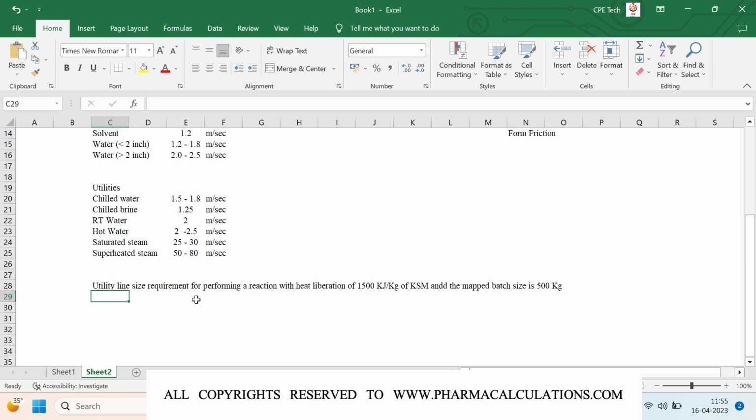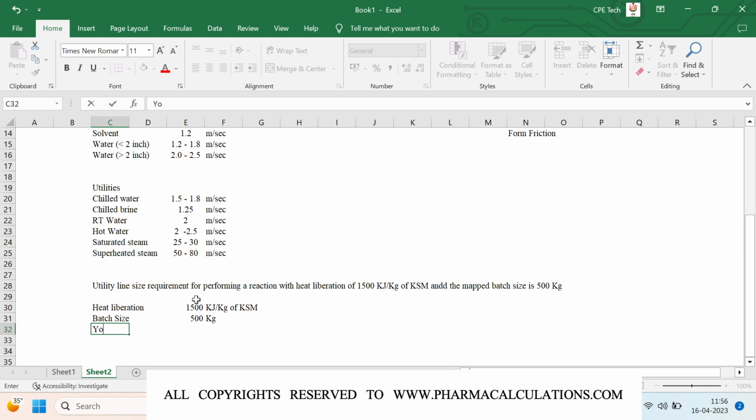this particular case. And first of all, we have to make a note of the inputs, like the heat liberation, which is identified as 1500 kilojoule per kg of KSM, and the batch size is going to be 500 kg.